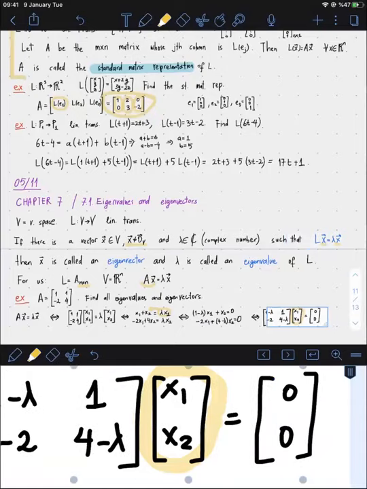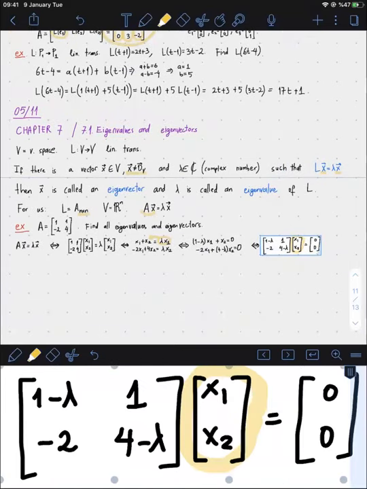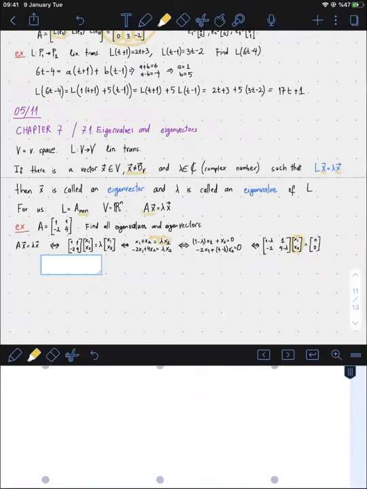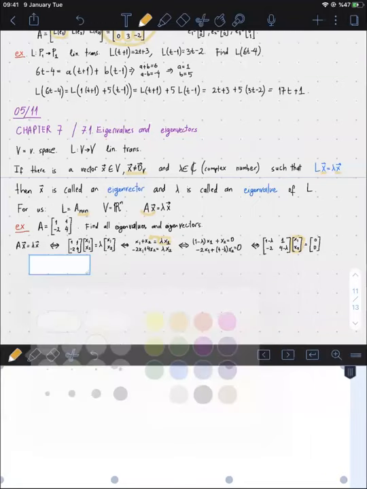Okay, so what is the condition for this equation to have non-trivial solutions?